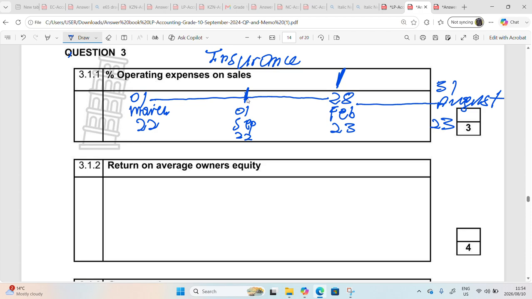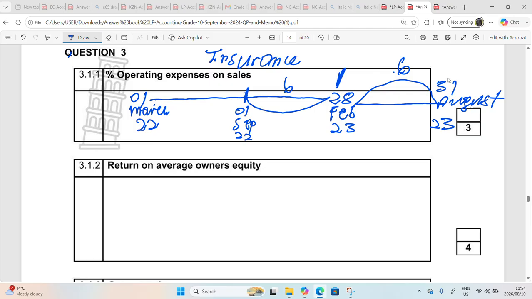So we want those months that are outside our accounting period. If you count from the 1st of September up until 28 February, how many months do we have? September, October, November, December, January, February. It is 6 months. So we have a prepaid of 6 months as well. We paid for the next year, the other 6 months. So the other 6 months, guys, are actually outside our accounting period.